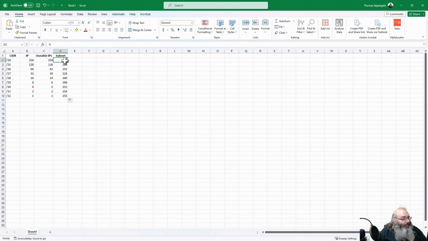So when I went from subnet dot 0 to dot 128, I just added 128 to 0.